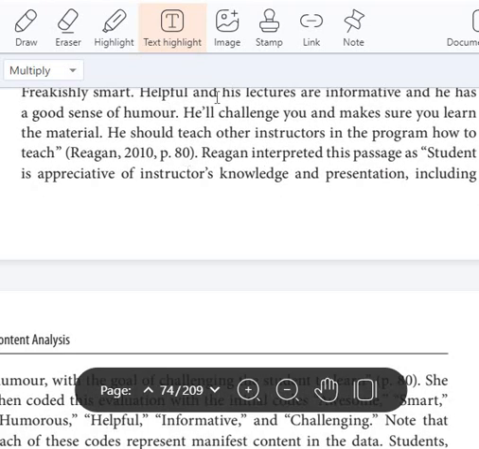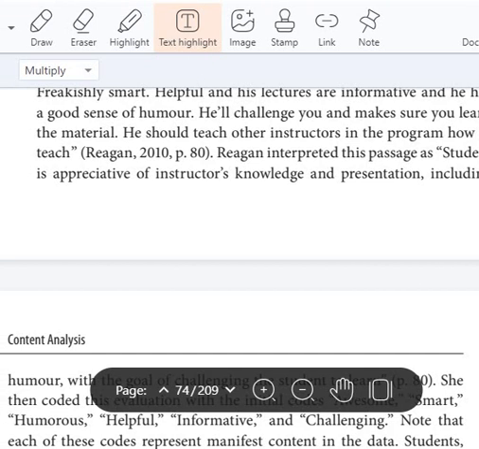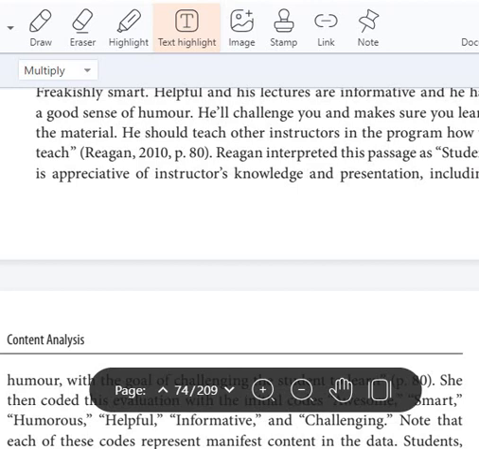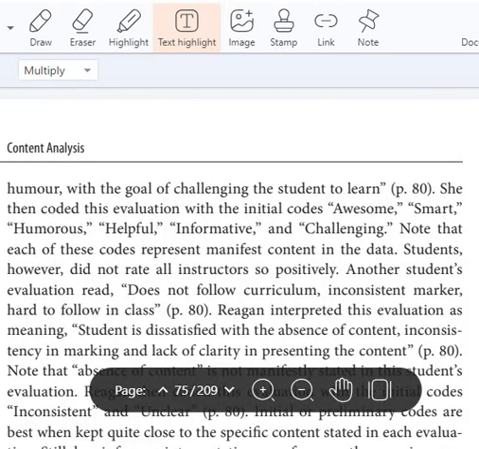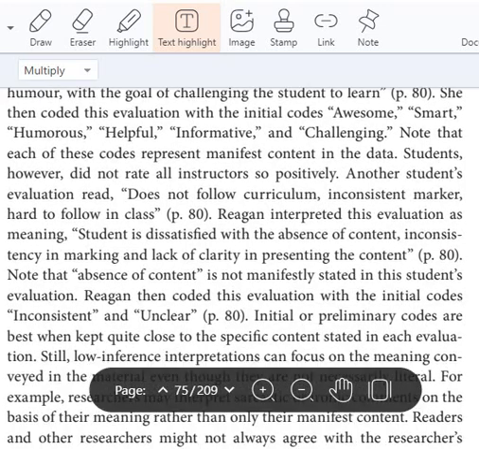When she found that they liked his good sense of humor, they described their teacher as smart, as intelligent. But some other sentences showed their criticism of that teacher. That's why she wanted to shed light on those words that were considered latent content. Now here another student's evaluation read, look at this one.